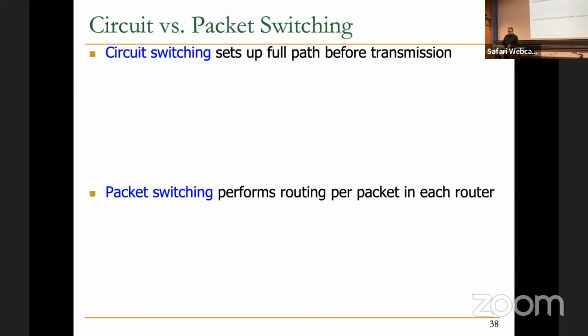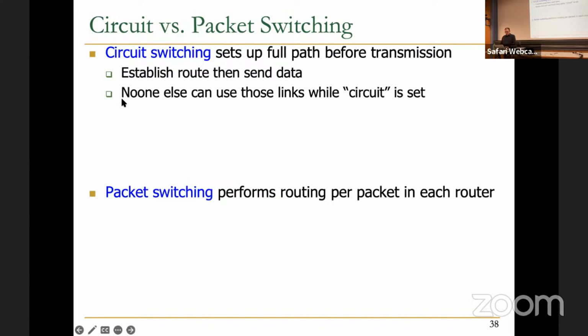I don't want to go into the details of circuit and packet switching here because we're going to learn about it today in flow control. But essentially, circuit switching sets up full paths before transmission: establish the route, then send data. It's exactly the way we also use it in our Venice work for SSDs. We reserve a path and establish a transfer from the flash controller to the flash chip, and then we send the data.